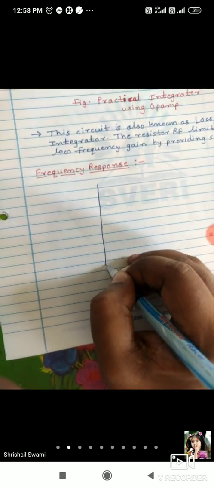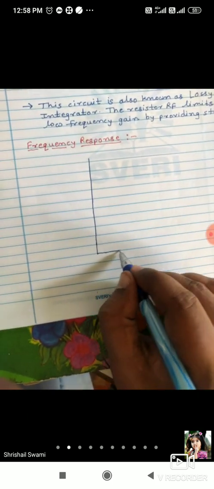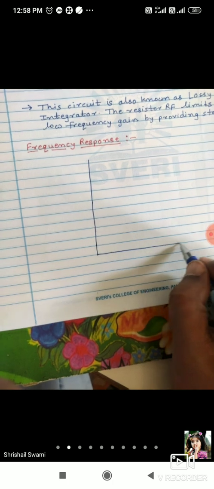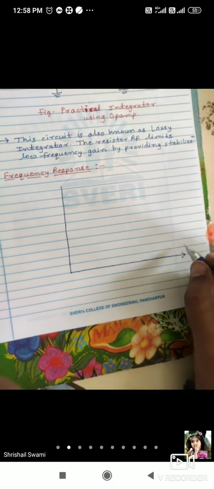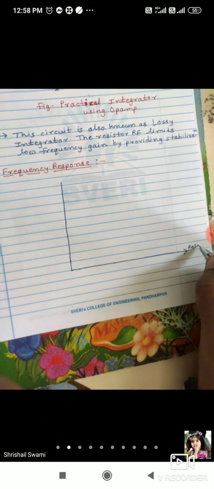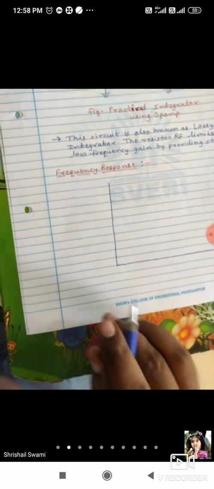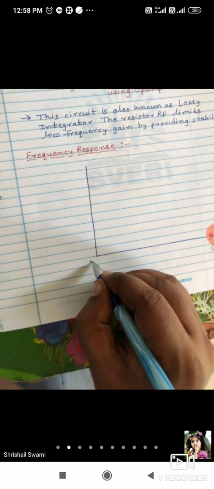Here I will draw the frequency response and then we can analyze and understand. On the x-axis there is the relative frequency. Frequency response means on the x-axis obviously there is the frequency, in units of hertz.